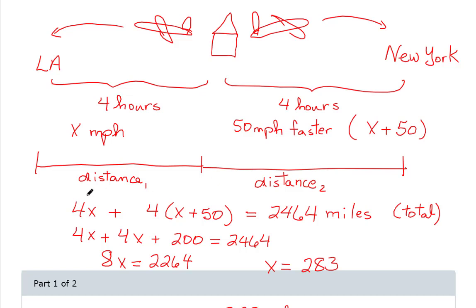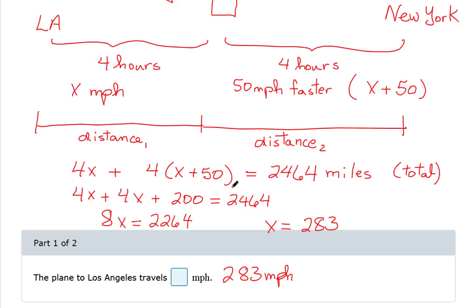Well, let's see. Distance is rate times time, so 4x. The distance on this piece is 4 times x plus 50. And when I add the two distances, I get 2464.